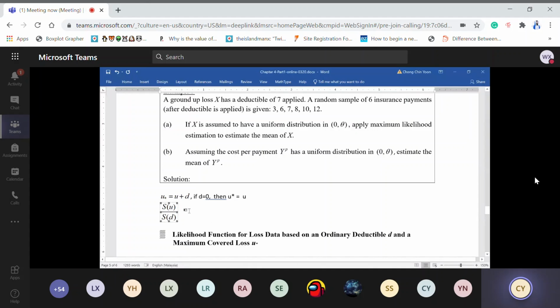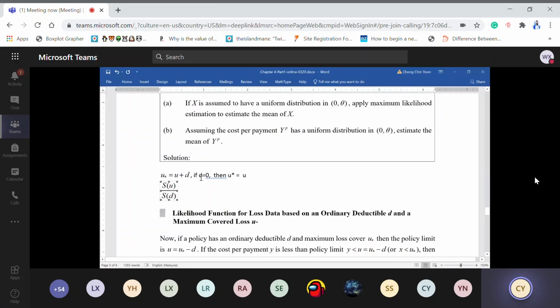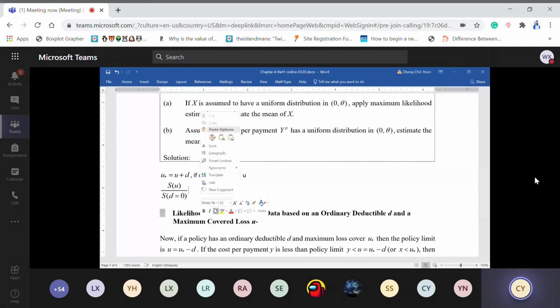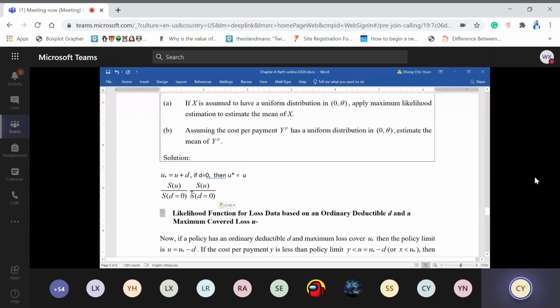So if there is no deductible, your U star equals U, right? So it's the survival at U over the survival at D. But what is your D? Your D is 0. If your D is 0, then the survival at 0 is 1. Am I right?